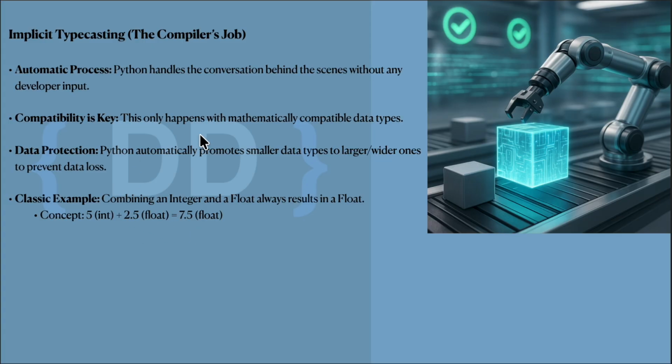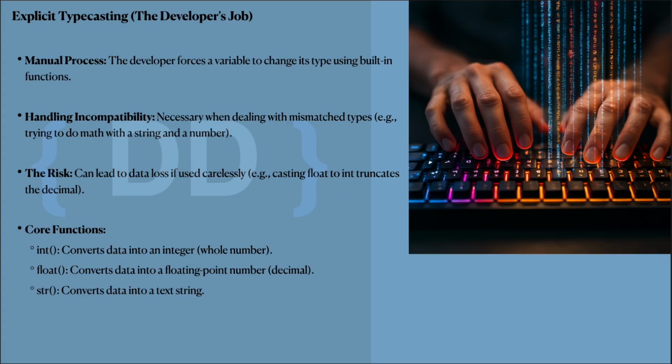But if you didn't have that implicit typecasting, you would lose the 0.5 value. So to make sure that we don't lose that 0.5 value, and we always get the larger data types, it is safer to have the smaller data type converted to the larger one. So that's what implicit typecasting is. Let's go to the next slide.